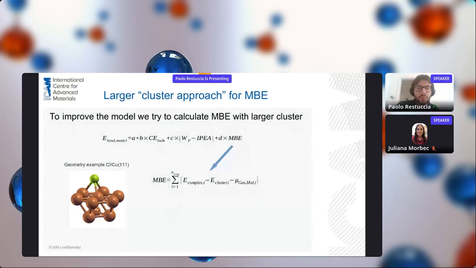At this point one could ask why perform this calculation when you could run an ab initio calculation of the slab configuration. The main idea of this approach is that we can compute this MBE term once and for all for several functional groups over several substrates, and this can be collected in a database.